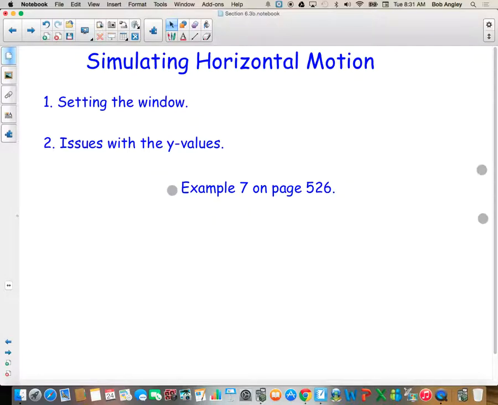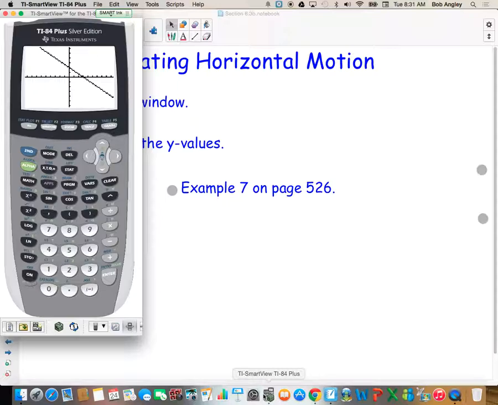All right, now, this example is the one that's going to give us the idea about the issues with the y values. Okay, so go to y equals and clear out the 2 things that we have here. All right, and then on page 526, example 7 says this.